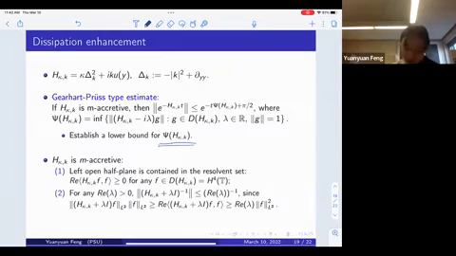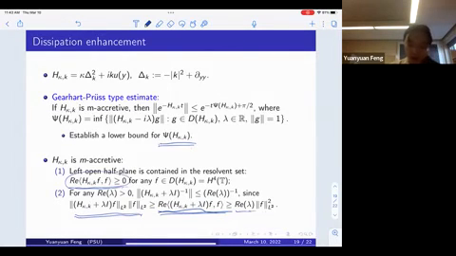This is also very easy to check, since we find that the real part of this inner product can be bounded below by the real part of lambda times the L2 norm of f, since H is positive. We have this observation in the first part. So it's easy to check H kappa k is M-accretive.